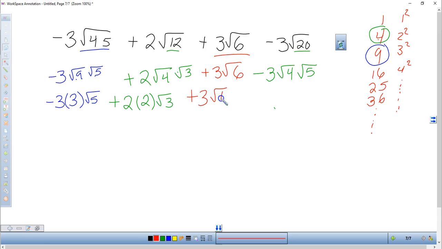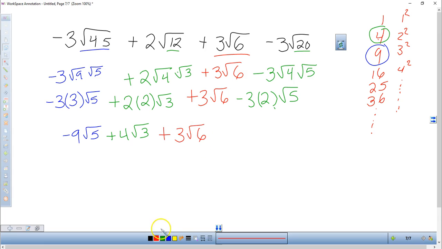We still have that 3 root 6. I've got negative 3, and we know square root of 4 again is 2. Okay. Now multiply. So negative 3 times 3 is negative 9. 2 times 2 is 4. We've got 3 root 6. And negative 3 times 2 is negative 6.